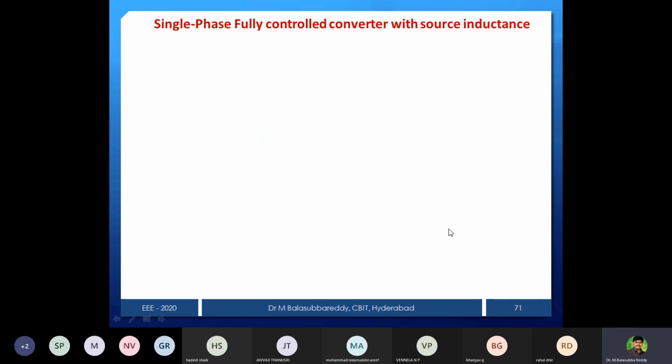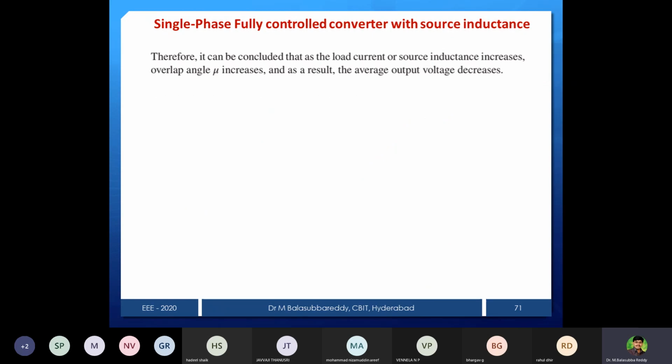Now we'll see the same thing in diagrammatic representation also. What we noticed here, we can conclude that load current or source inductance increases. What will happen? If source inductance increases, what will happen? Overlap angle will increase, because in our waveform you can see it started at alpha. This is the alpha. During that it will be 0, and then it will end like this.